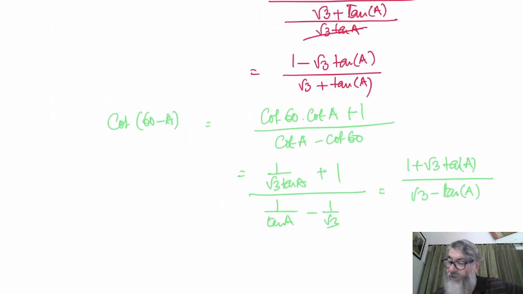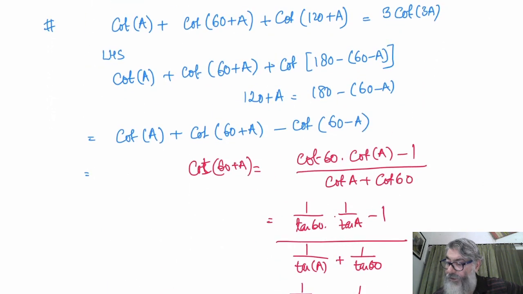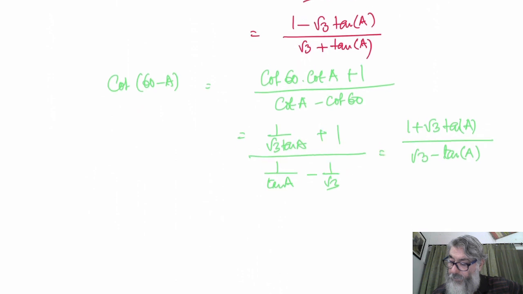We have calculated separately these values to show you, and we will write now cot A plus cot(60+A), cot(60-A).